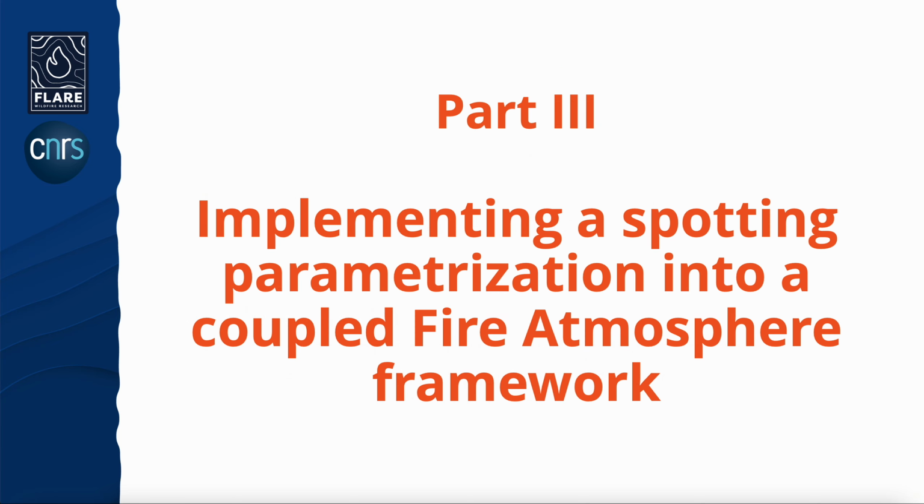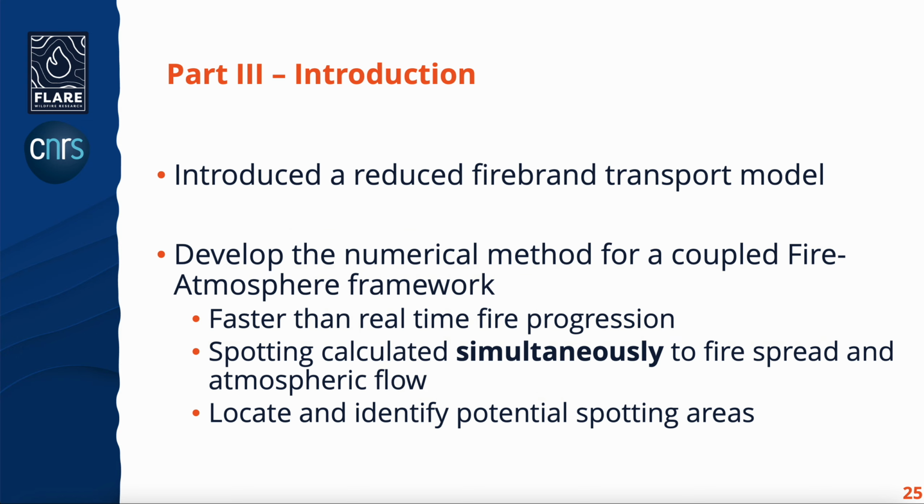So now moving to the third part, where we implement the spotting parameterization into a coupled fire atmosphere framework. We have just introduced the reduced firebrand transport model, but we'll still need to develop the numerical method to solve this model. And the constraint that we are facing is that it should be faster than the real-time fire progression, so that the spotting is calculated simultaneously with the fire spread and the atmospheric flow.